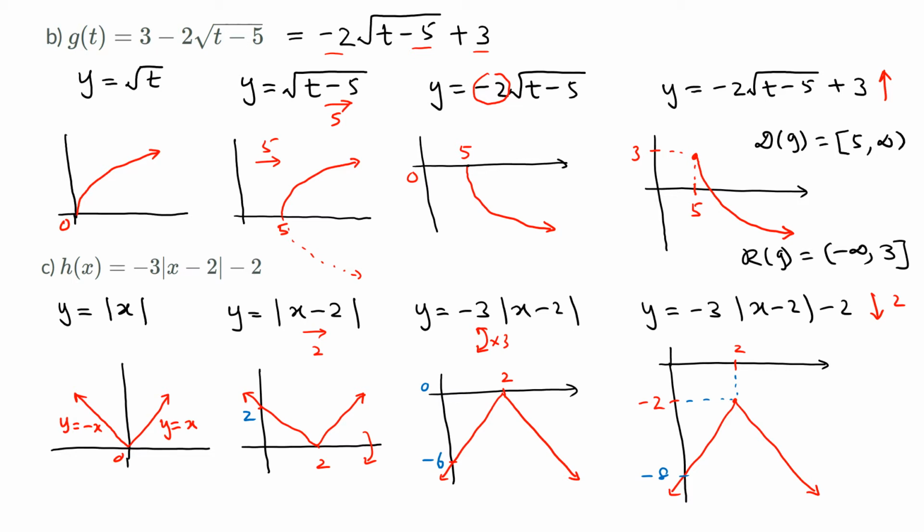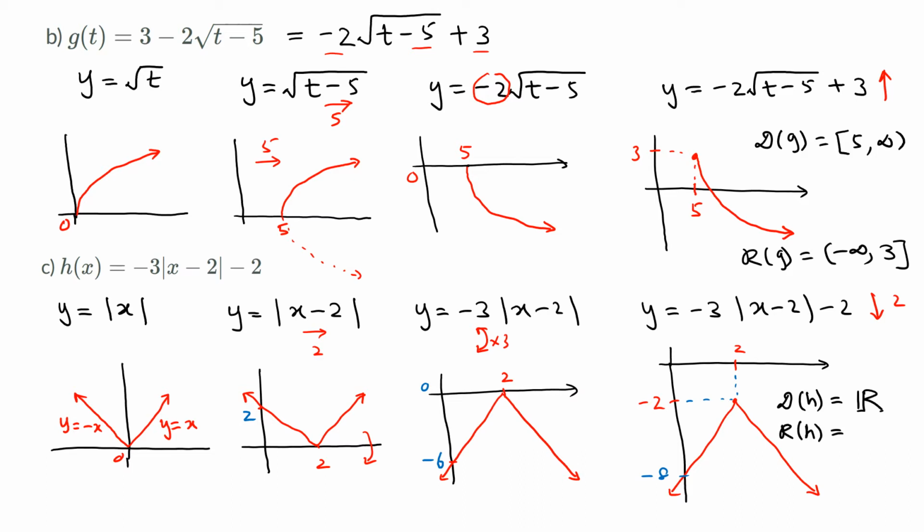Okay, and then for the next one, you can see here the domain of H, this is the square root absolute function. That means you can plug in any value. So this is all real numbers. You can write curly R if you want, or -infinity to infinity, and the range. So what's the range of H?